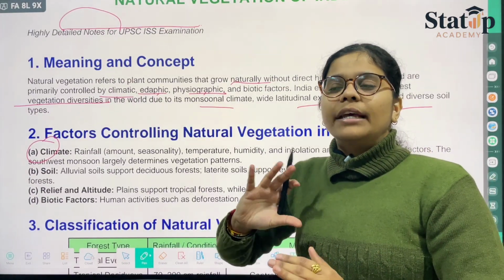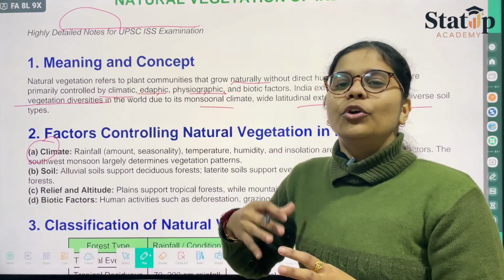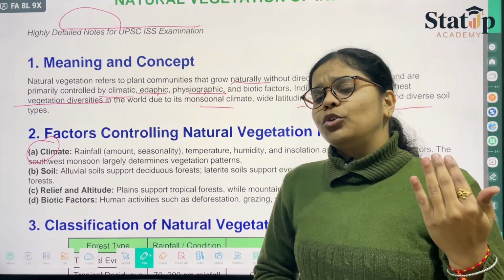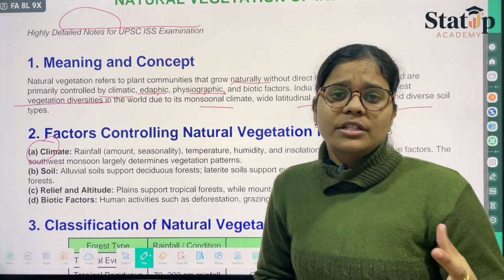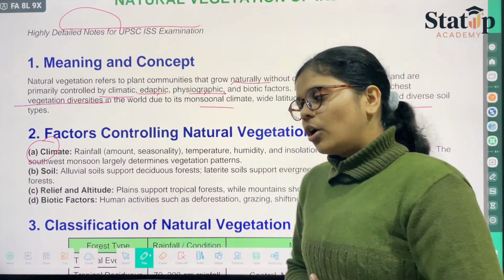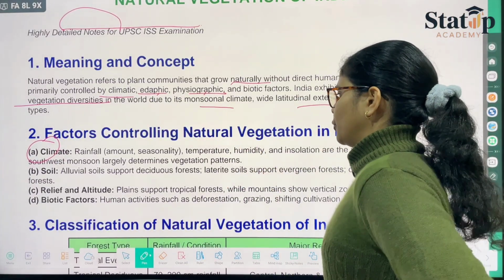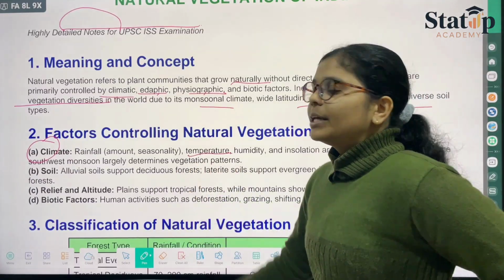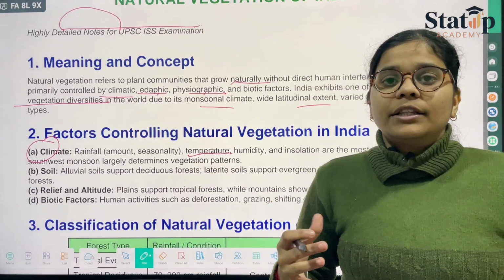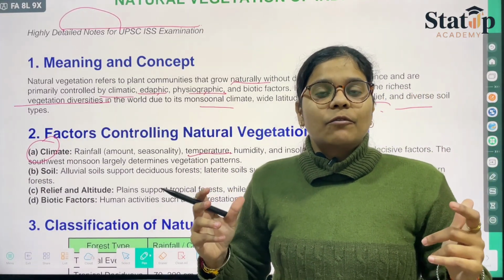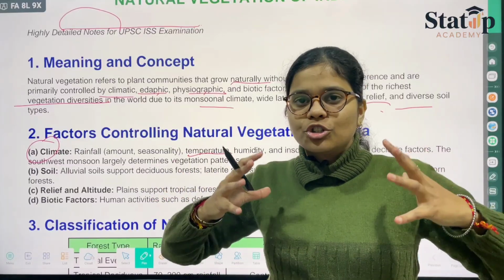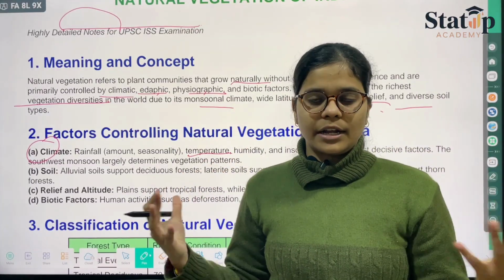If the area receives very scanty rainfall or no rainfall, you can find certain bushes and thorns like that. So that's why seasonal rainfall plays a great role. Then we have the temperature. If the temperature is cold enough, the leaves would be somewhat adapted to shield from the external environment.